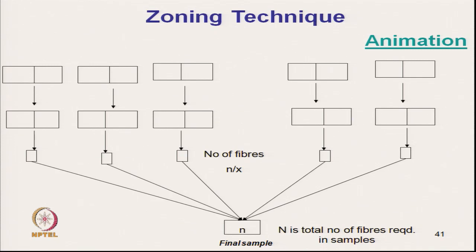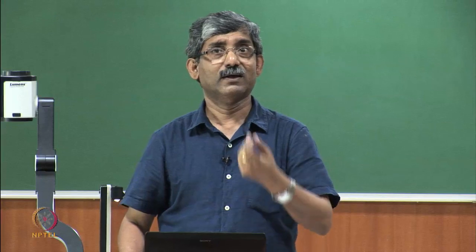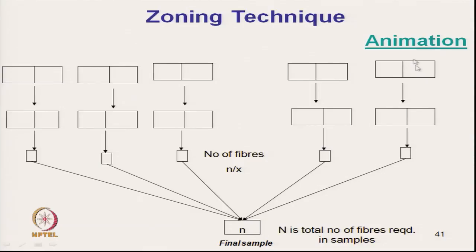That was one sampling technique, the zoning technique. One can have another simplified zoning technique. This animation will tell. Here we have taken tufts from different bales. Basic samples from different bales we have taken, and after that we are dividing into two parts, discarding one part, and again dividing into two parts, discarding one part.